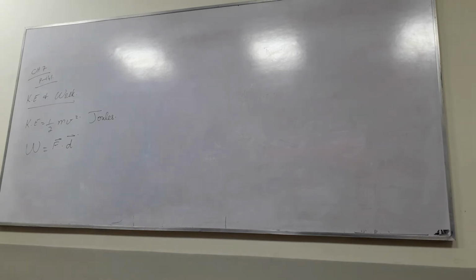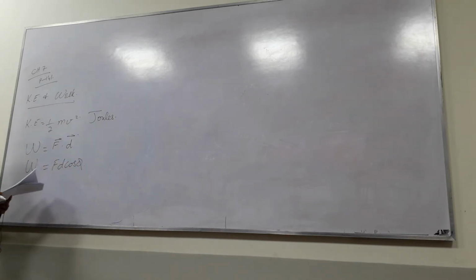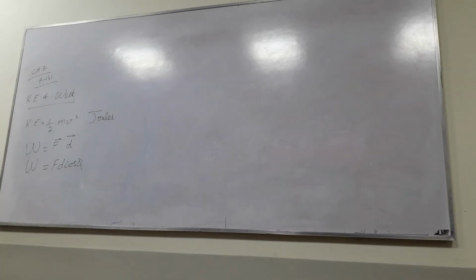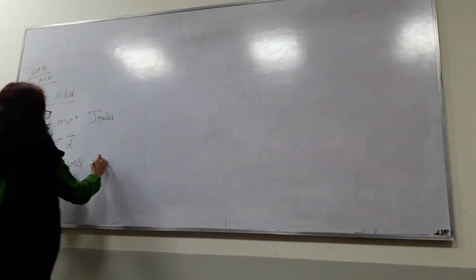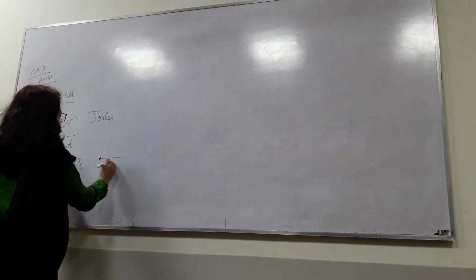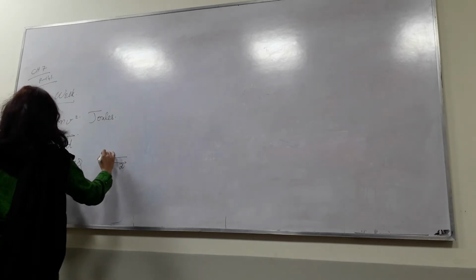And therefore, how do you write the scalar product? If I want to finish the dot, what do I do? Cosine of the angle between the two quantities, right? So W is equal to F D cos phi, because according to the diagram that you have here, figure 7.2, let's say you have an example in which the displacement is along the x-axis, this is D, and you have the force making an angle phi.